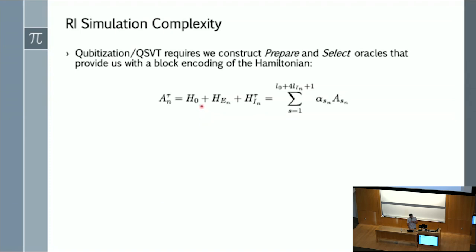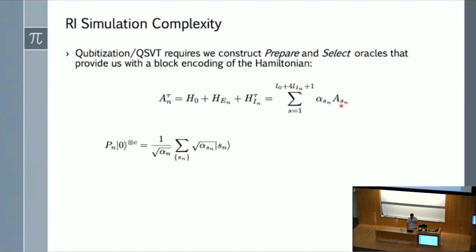So we write the total Hamiltonian like this, which is the sum of the free, environment, and interaction Hamiltonians again. And this tau just means that I've absorbed the coupling of 1 over root tau in here, because in qubitization I can treat time as a parameter. And then this is our total Hamiltonian for each interaction, where the alphas are coefficients and the A's are unitaries.